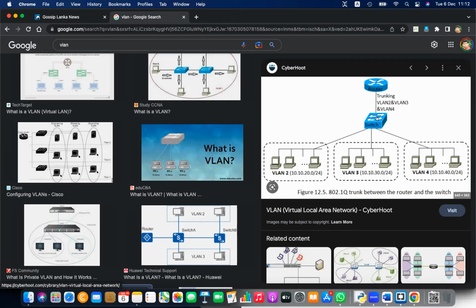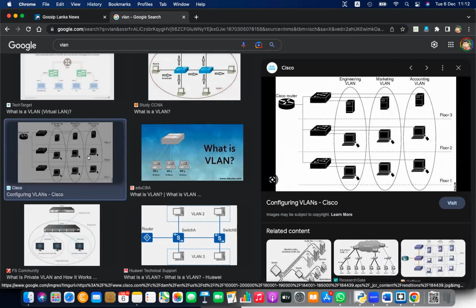This manageable switch is a single unit, but not everyone can directly communicate because they are in different VLANs, different virtual LANs. The traffic should be passed through a router because they are in different networks. So that is what a virtual LAN, VLAN, is.